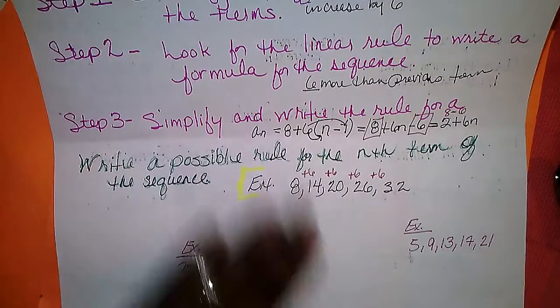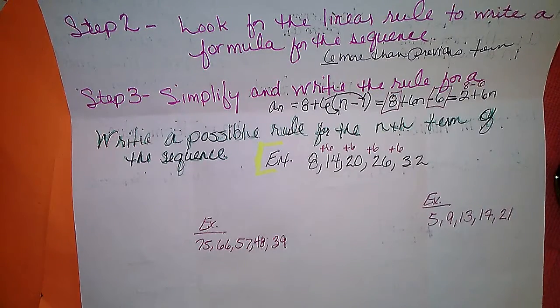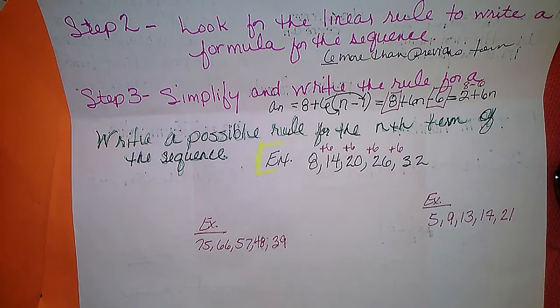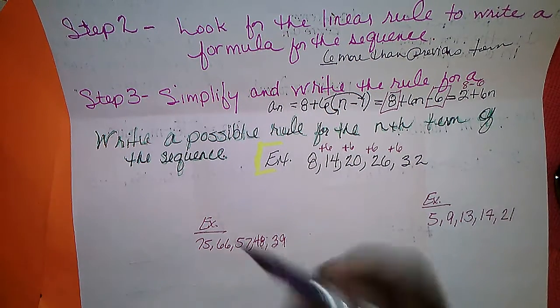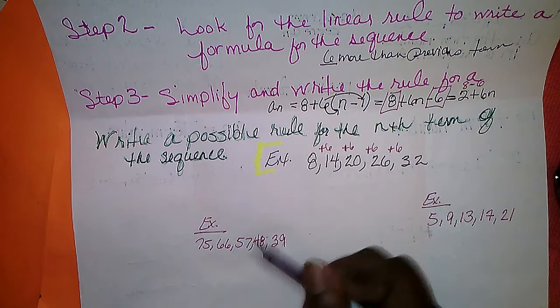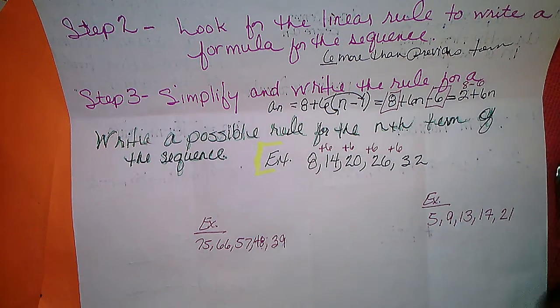All right, let's look at another example. I listed a couple here so we can get some practice in. If you want to write these examples down, we have 75, 66, 57, 48, and 39. Let's look at what our differences are in between.